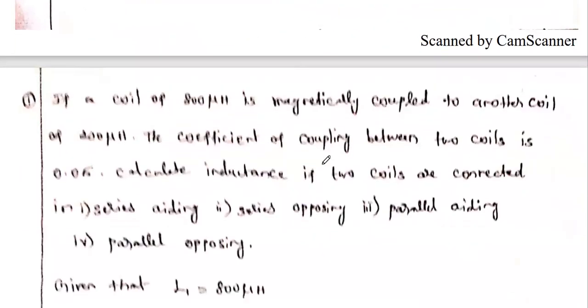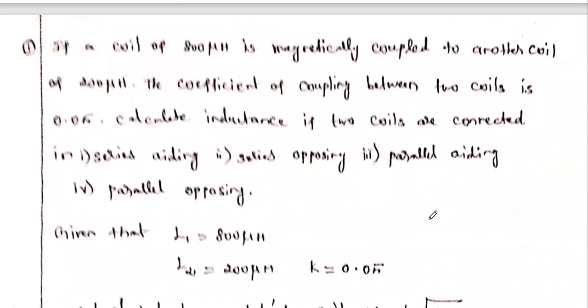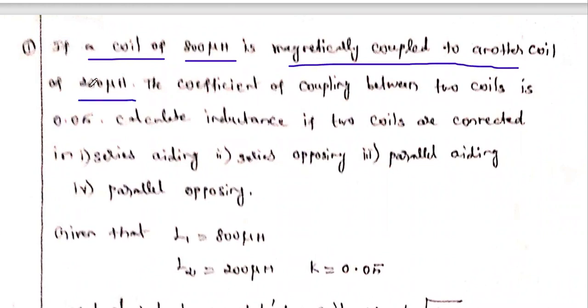Using this, we are going to solve two important university questions. The first question: a coil of 800 microhenry is magnetically coupled to another coil of 200 microhenry. So one coil L1 is 800 micro, where micro means 10 to the power minus 6.